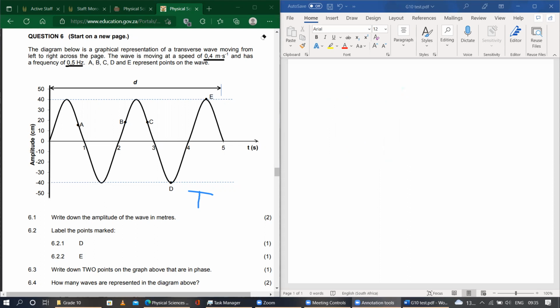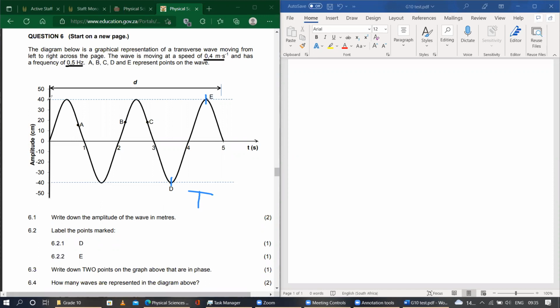It's not giving me a time warning, so let's just continue. From here, they say label the points marked D and E. If you look at D and E, you can see your y value.